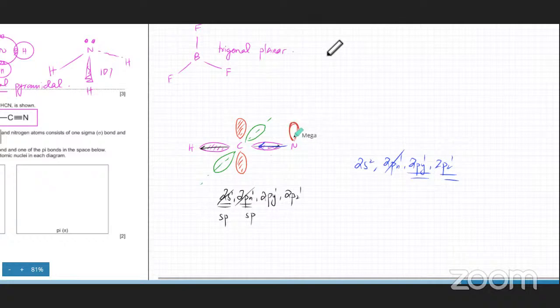For example, one of the p orbitals would be parallel to one of the carbon orbitals, and they would end up forming pi bonds, and the electron densities would overlap.